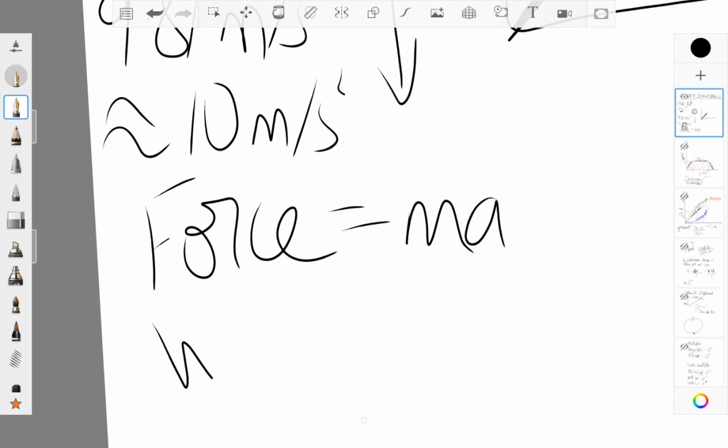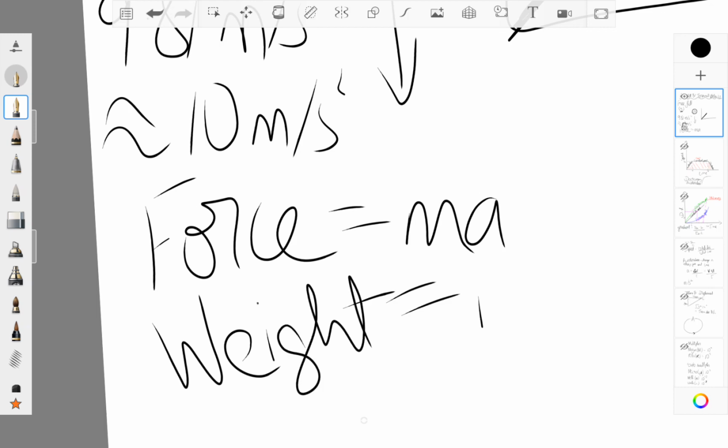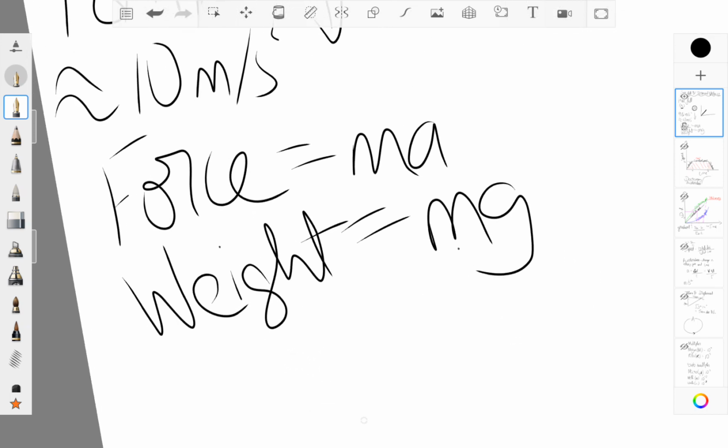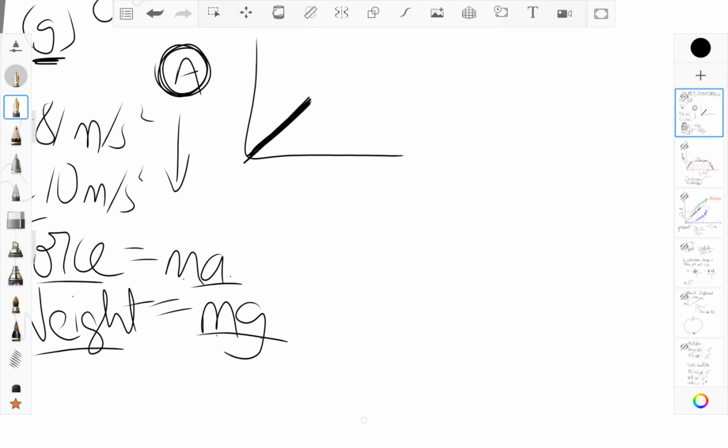And the reason that weight is a force is because basically you have mg, mass times gravitational field strength. Mass is a constant in both, and g and a both represent acceleration. So if these two are the same, that means these two are also the same. Hence, weight is a force. And that's all you need to know about free fall. Now we can go to terminal velocity.